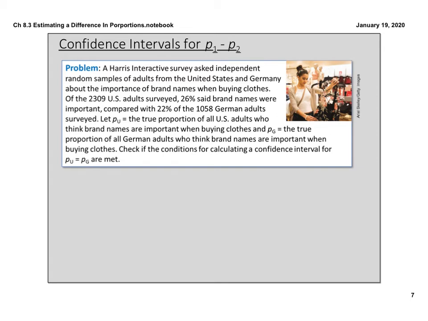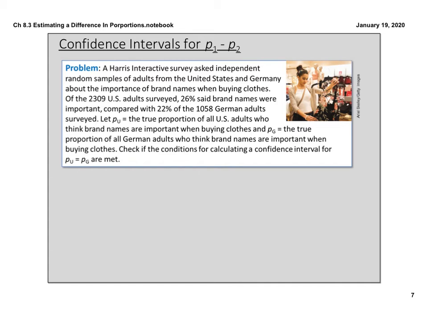All right, so now let's check the conditions and actually get into calculating the confidence interval. So it says a Harris Interactive survey asked independent random samples of adults in the United States and Germany about the importance of brand names when buying clothes. Of the 2,309 U.S. adults surveyed, 26% said brand names were important, compared to 22% of the 1,058 German adults surveyed.